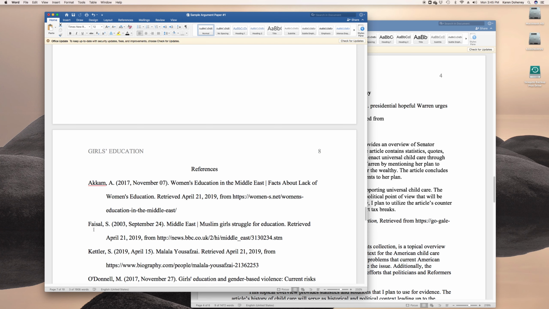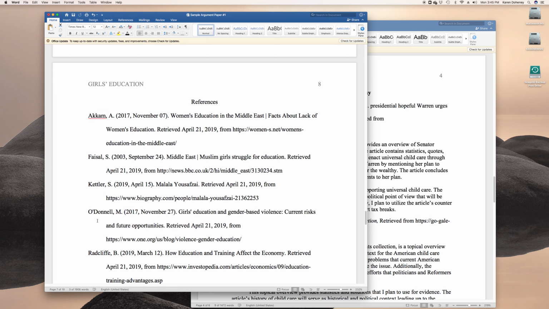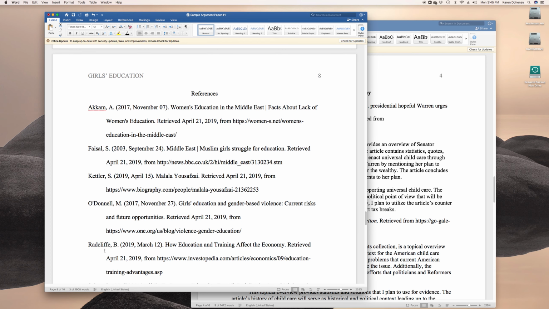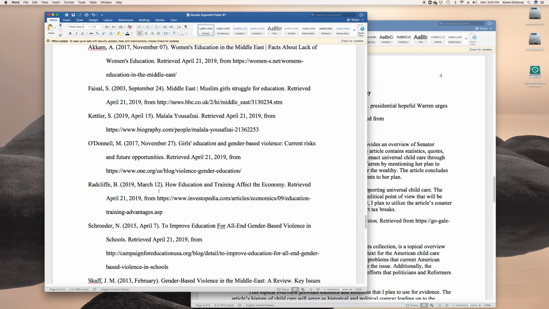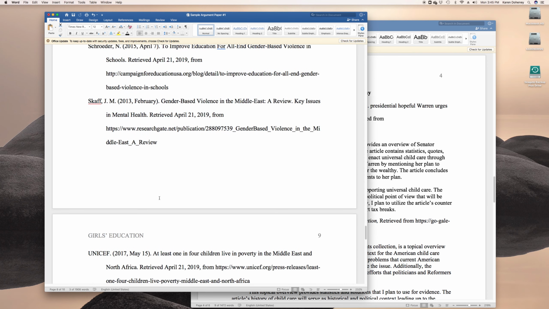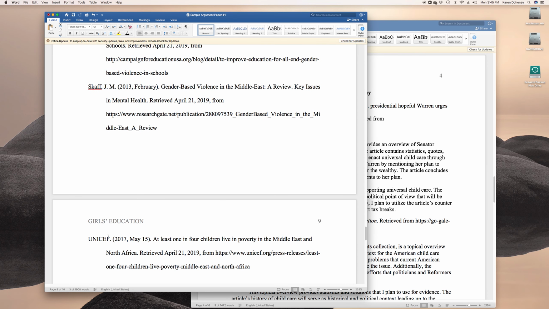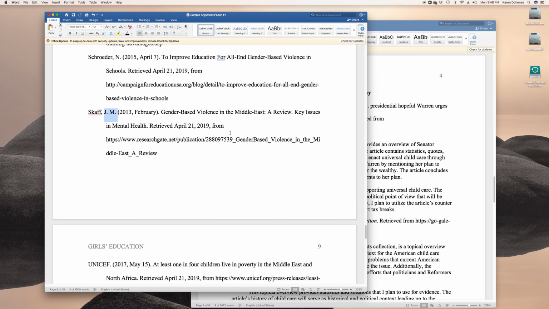So if UNICEF is the name that's here, UNICEF is who you cite up here. So if we look here, we'll see UNICEF. So instead of citing a last name like you would here for Schroeder, you cite UNICEF 2017. So it's always those first two pieces, and we're never using those in the in-text citation, only for the references. So that's how they differ a little bit.